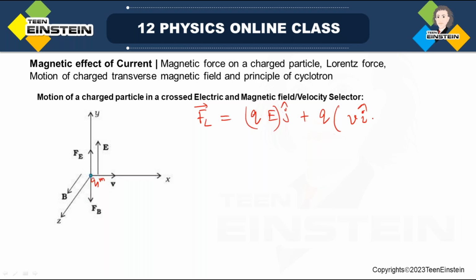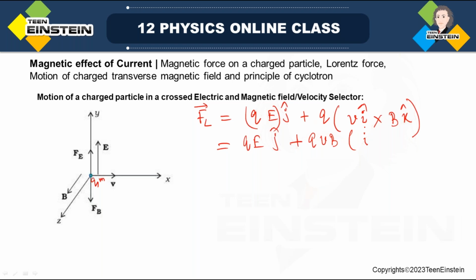So v is along the x direction, and B is actually along the k direction. Now let us simplify a little bit. q E j cap plus q v B, these are magnitudes, we can just bring them out.